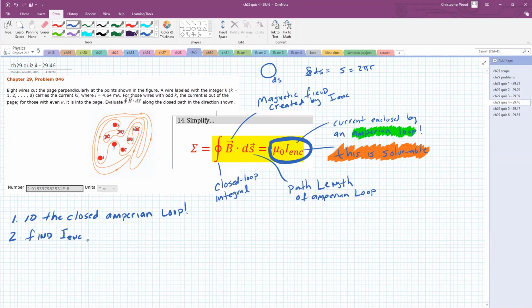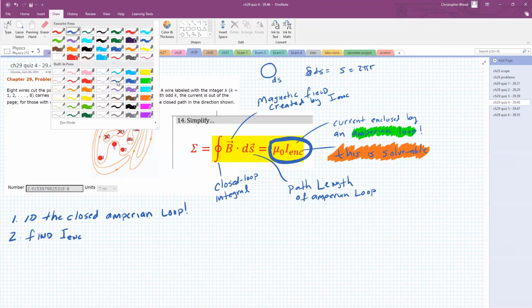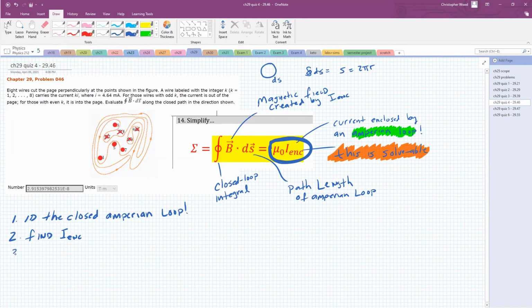Before I leave you to think on this, just to get you kickstarted a little bit, I1 equals K times I, odd K, so 1 times I, or my number is 4.64 milliamps, which is equal to 0.00464 amperes. So don't forget about that conversion.